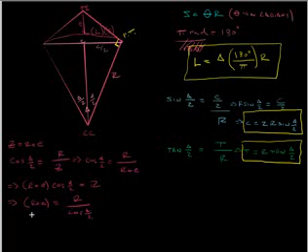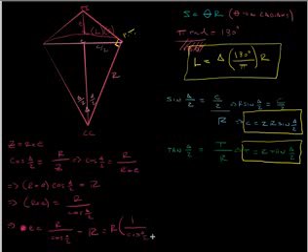So now if we minus R from both sides, which means E is equal to R over the cosine of delta over 2 minus R, which is equal to R times 1 over the cosine of delta over 2 minus 1.